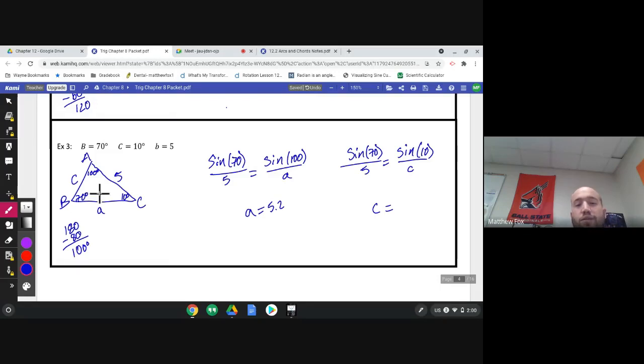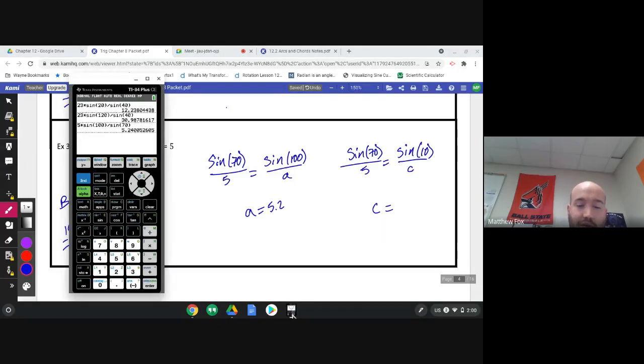So we knew since 100 was bigger than 70, our answer 5.2 had to be bigger than that 5. So with this one 10, we know it has to be less than 5. If we get something that's not less than 5, we know we made a mistake. But 5 times sine of 10 divided by sine of 70. And we hit enter, and as you can see, it is less. It'll be 0.9 when we round it to the nearest tenth, and we are done.